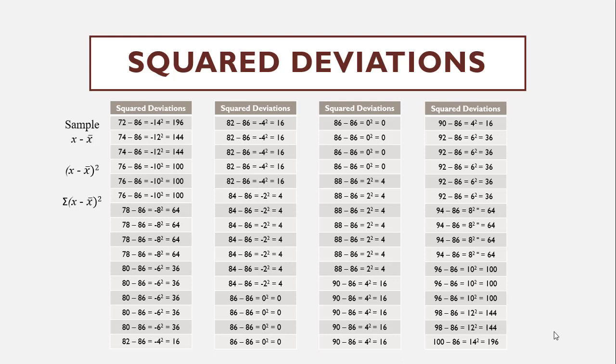So you can see here that we're building on these formulas where initially I do the deviation or the difference, I then square that difference, and then you see sigma, and we've talked about this before when we were doing the mean, where sigma x, we add together all the x's. Here, sigma of the square deviation, we're going to add together all these square deviations, and that's going to give us the sum of the square deviations.